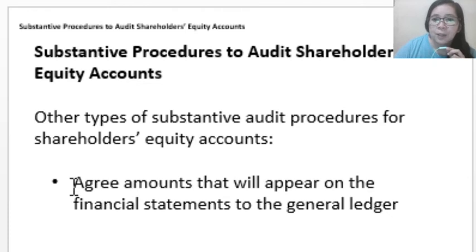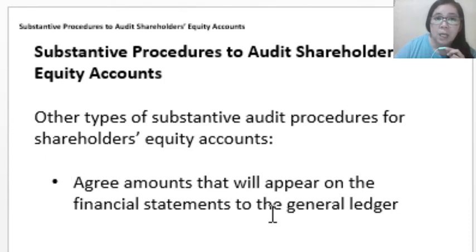Another is the auditor can also do some recalculation or inspection to determine if the amounts that appear on the FS agree with that of the amounts from the general ledger.